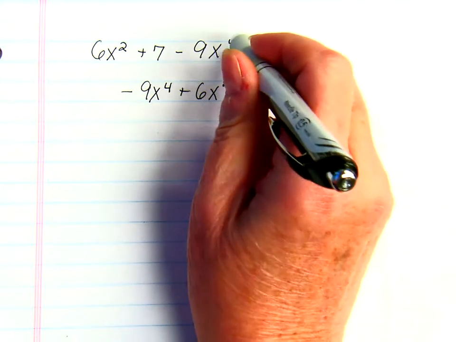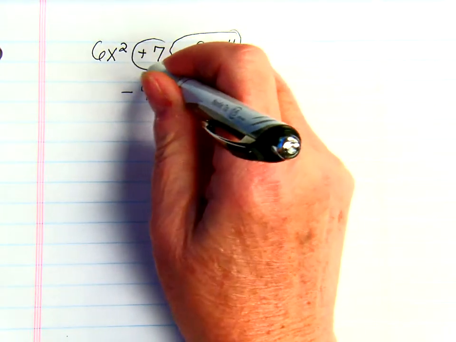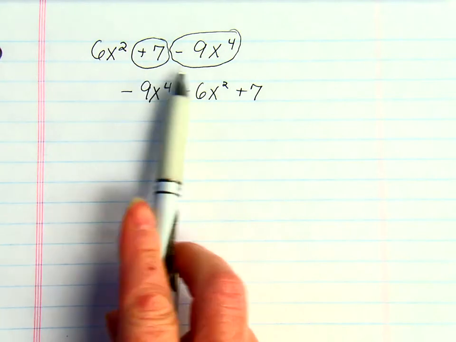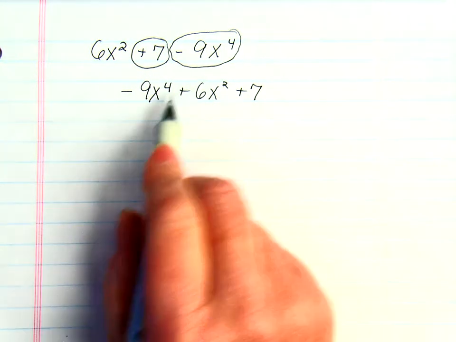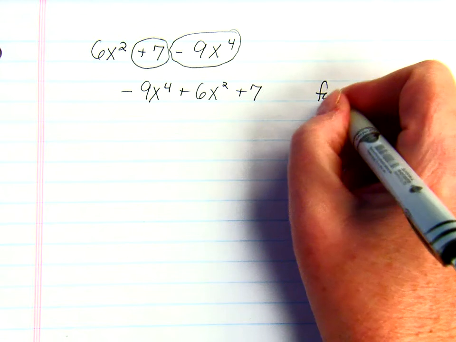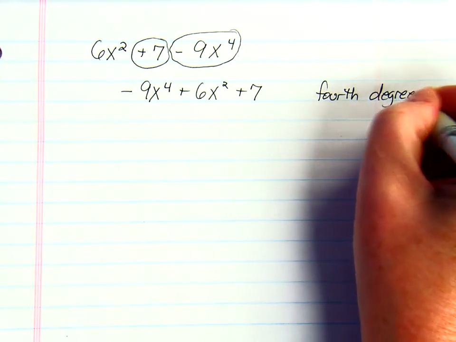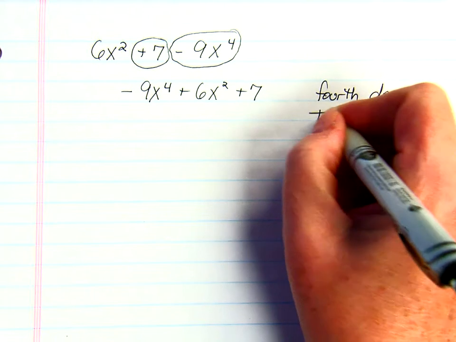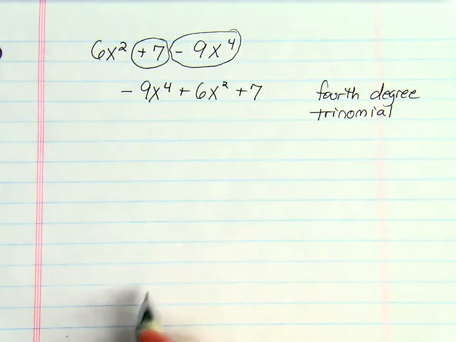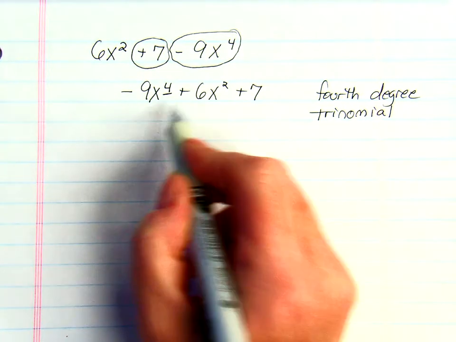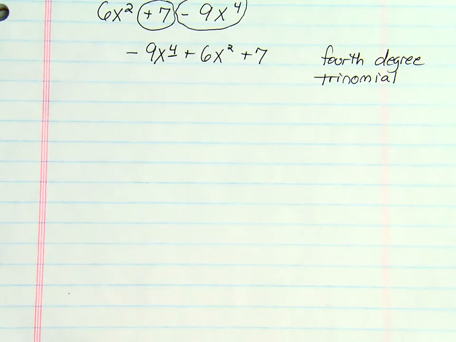Notice that my sign goes with the movement of my monomials. So I have a fourth degree and I have a trinomial. I'm looking at the fact that I have 3 monomials.